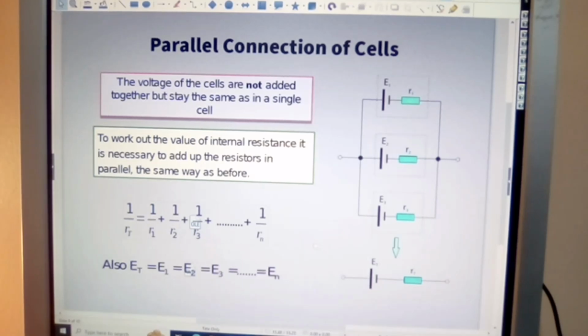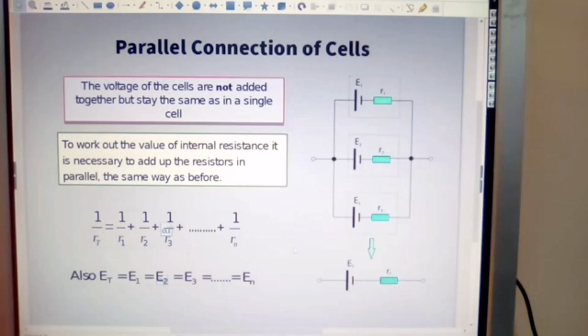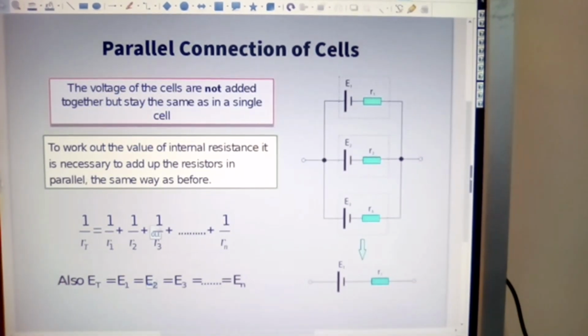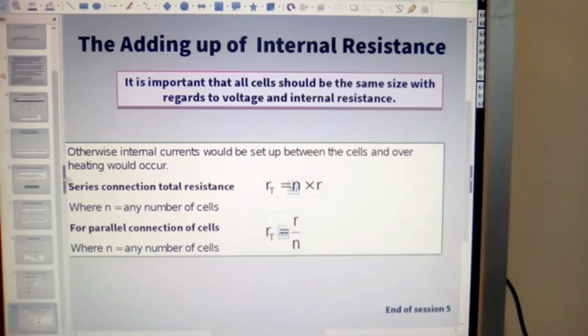I'm just looking at something here. Okay, just trying to figure out what it was.